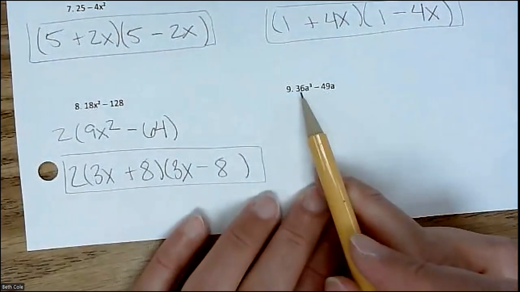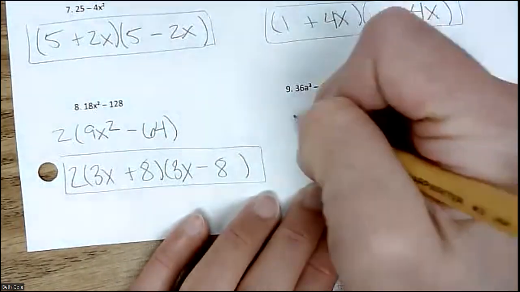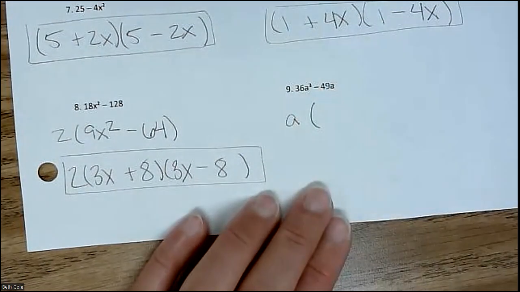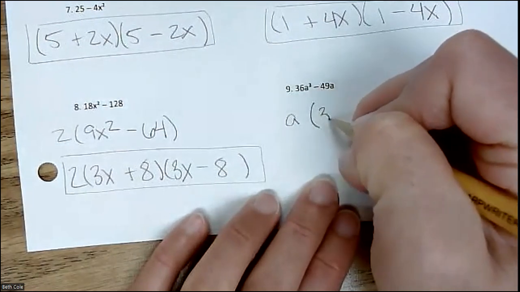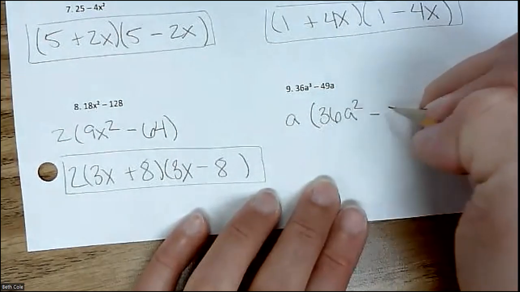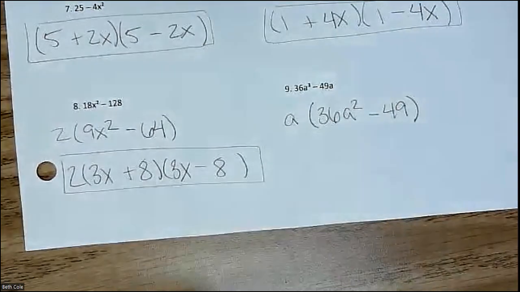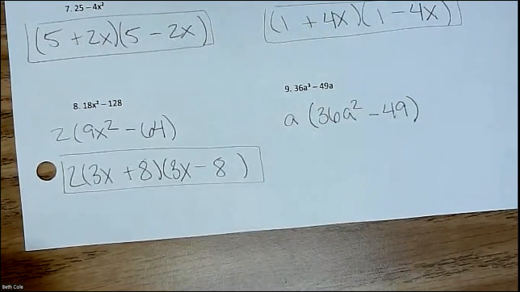Now, what do you see these share in common? You can take an A. So if you take out an A, you're going to be left with 36a squared minus 49. We removed the A. We divided the A out.